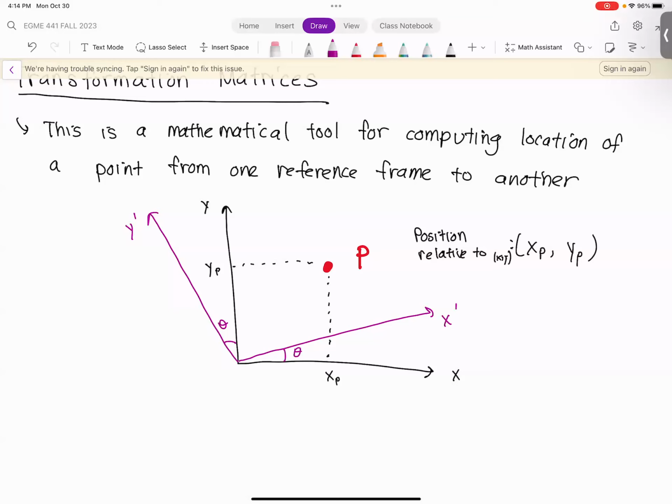We can again describe the position of this point relative to these axes. I'm going to tilt my iPad to make sure I draw this correctly. Okay, close enough.